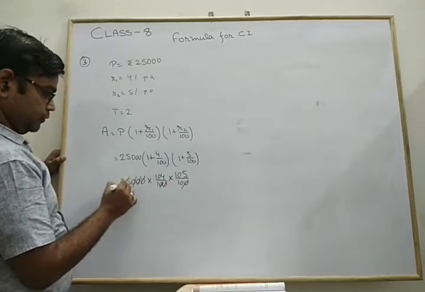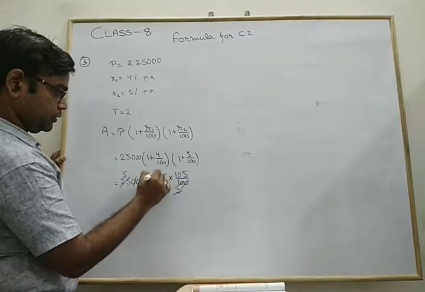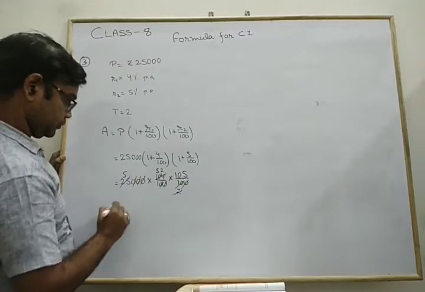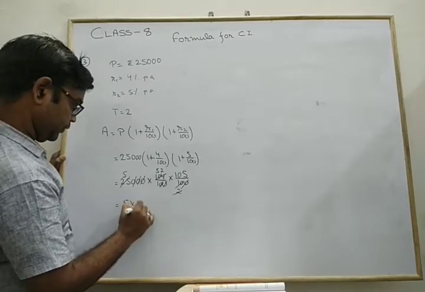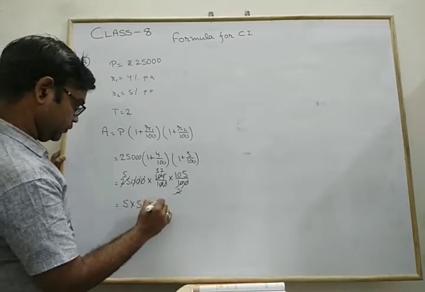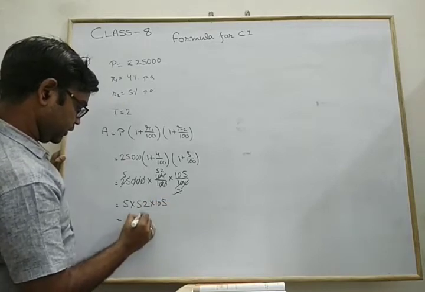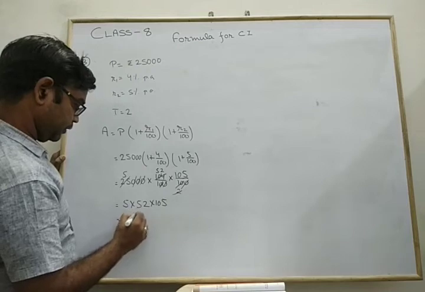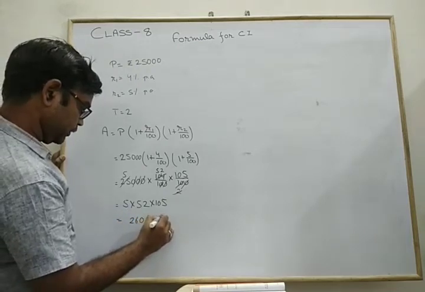So 5 5s are, 5 2s are, 2 5s are, 2 2s are 5 into 52 into 105. When we simplify, 5 2s are 10, 25, 5 2s are 260 into 105.